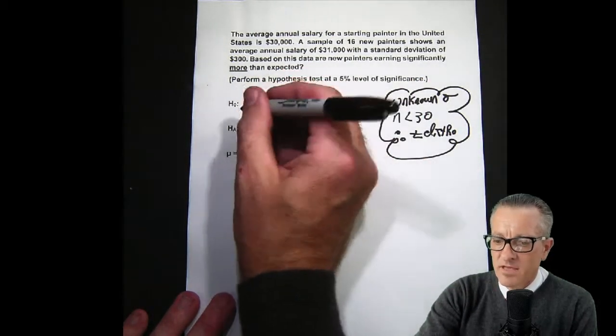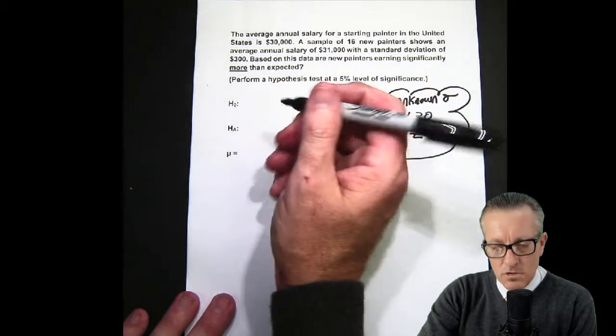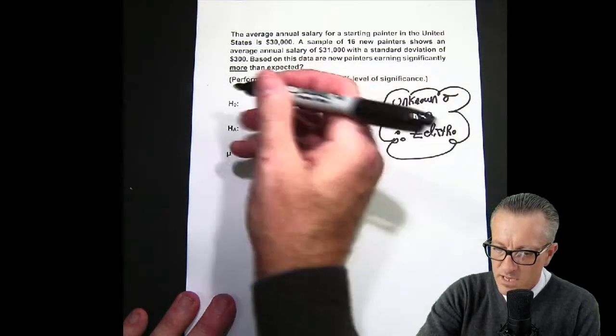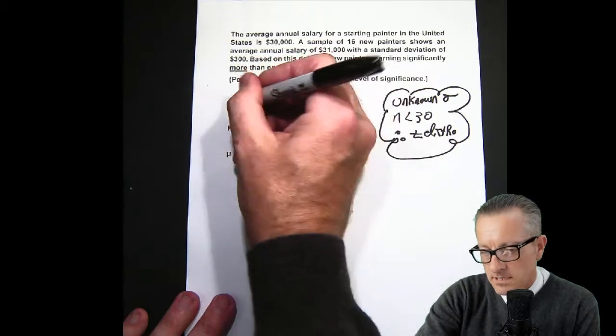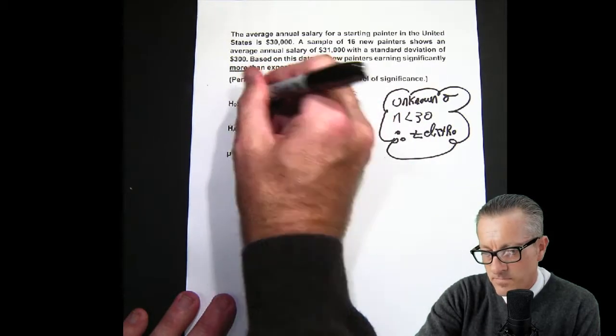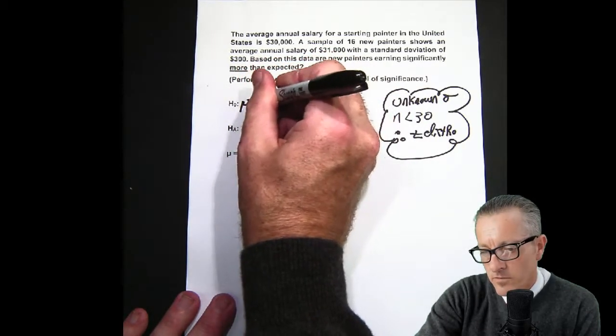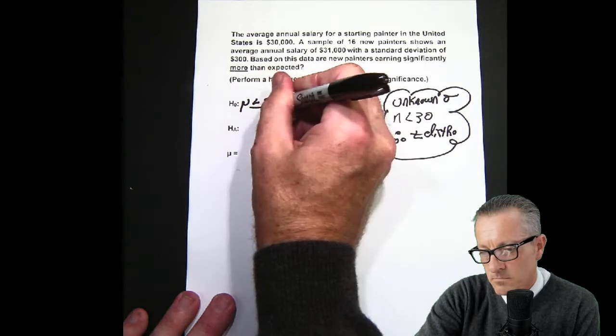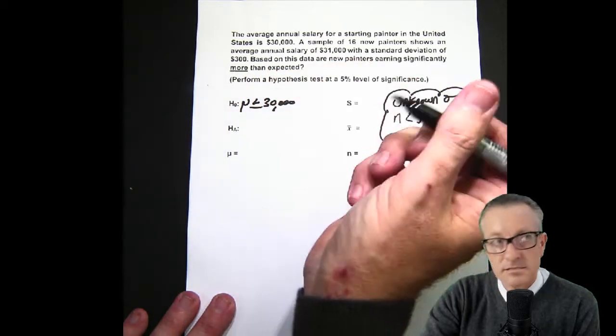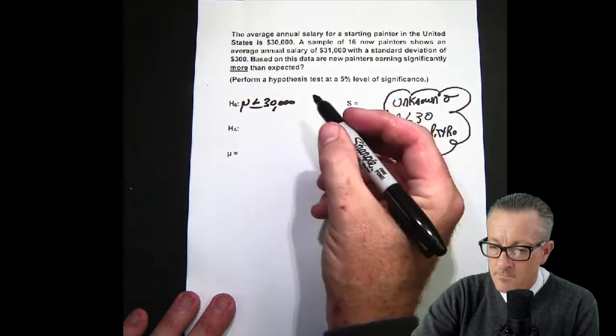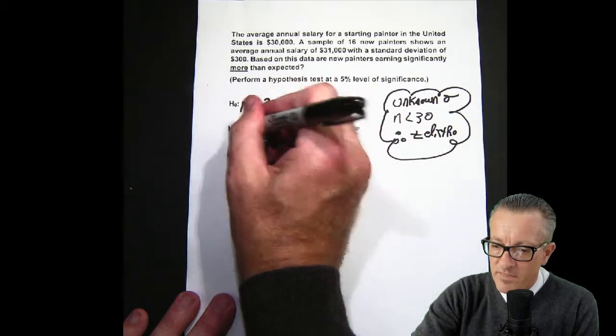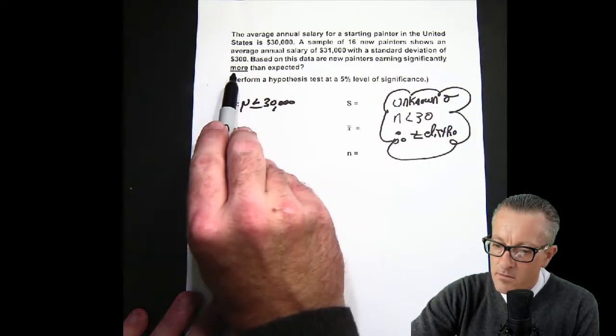So our null hypothesis is the status quo, which is painters are making 30,000 or less. So that's mu is 30,000 or less. And the alternative hypothesis is they are making more.